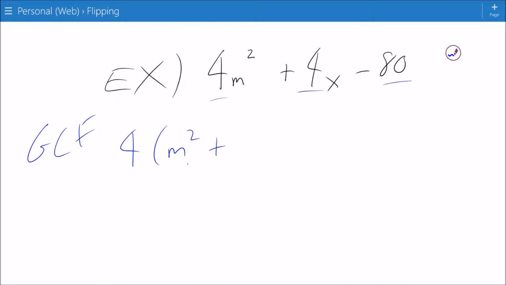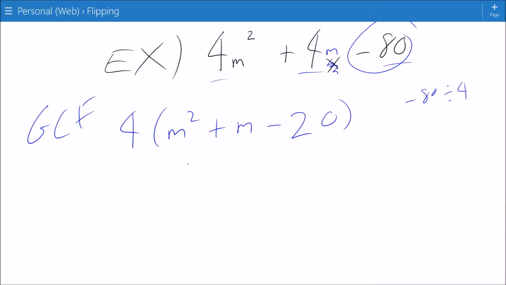You're pulling it out. M squared. Whoop, I put an X when I should have put an M. You know what I'm talking about there. Plus m. And then this is really negative 80. Negative 80 divided by 4. Well, that would just be minus 20. Okay.